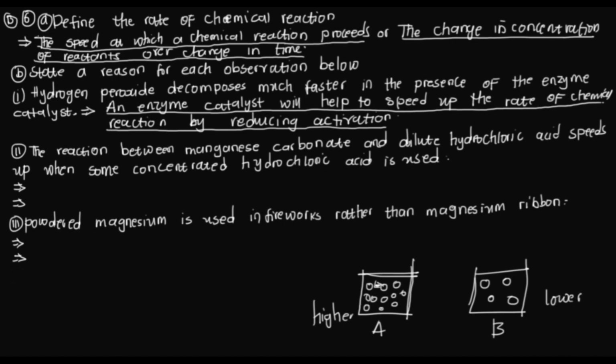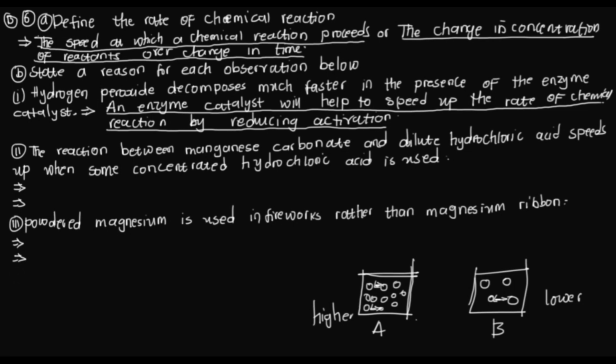Where there is a higher concentration, the particles are closer to each other, and it is very easy to bump into each other, compared to B, where the particles are far away from each other. For a particle to move and reach the other particle, it takes time and also a certain distance. So where there is a higher concentration, the particles are closer together and are able to collide with each other easily.